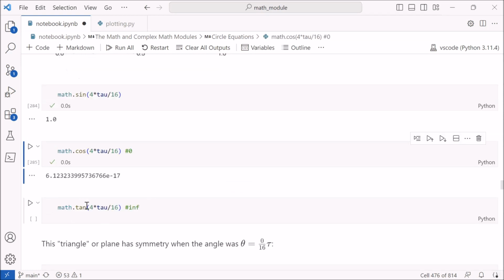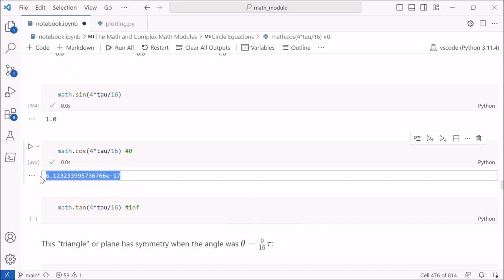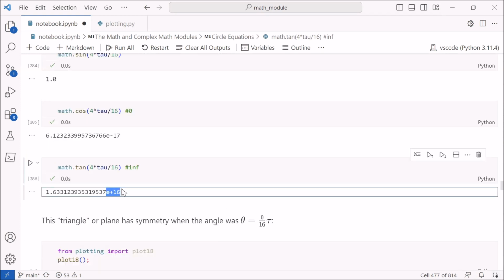Now, in theory, you're going to be dividing 1 by 0, which is infinity. And this is 0, but it's shown using a very small number, and this is due to the recursive rounding error of the floating point number. And this isn't infinity, it's just shown as an incredibly large number. And again, this is due to the recursive rounding error of the floating point number.